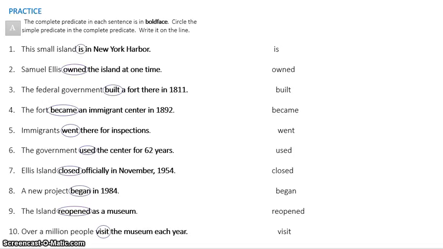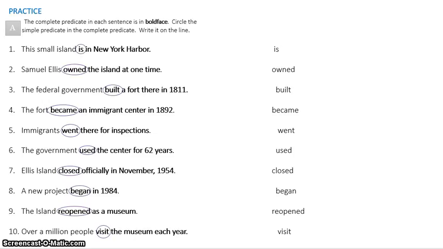If you notice something here, usually, I say the word usually, if you're looking for the simple predicate in the complete predicate, it's either going to be the first word or the first couple words. Like if you have a helping verb, like is walking, you would circle both of them as the simple predicate because that's your verb.